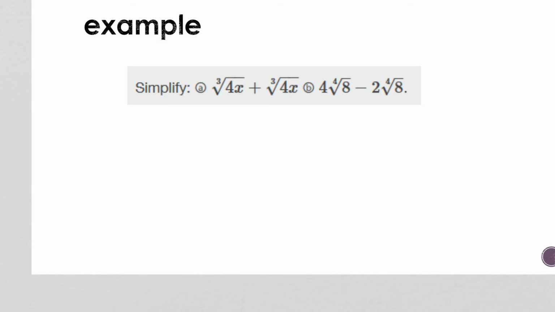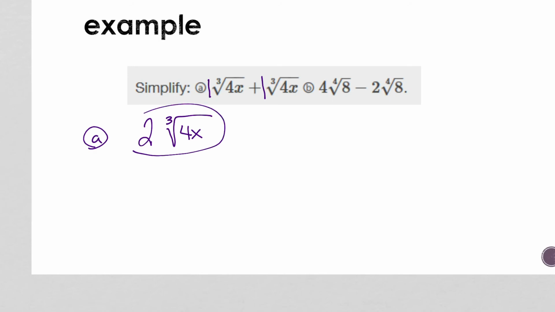What you add is the numbers that are considered the coefficient. So this has a 1 out front, and that also has a 1 out front, okay? We don't write them, but they are there, okay? So we would add the 1 plus the 1, and you get 2, and then nothing under the radical changes. So you would have the 3 as the index, and then 4x. So this is the answer to part A.